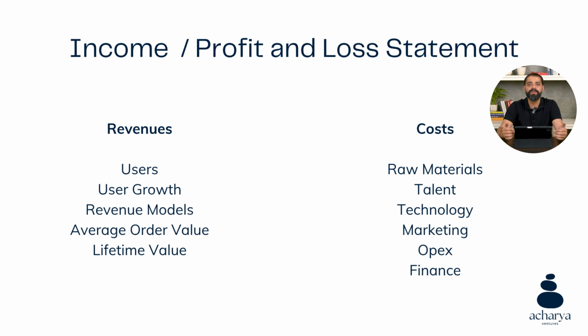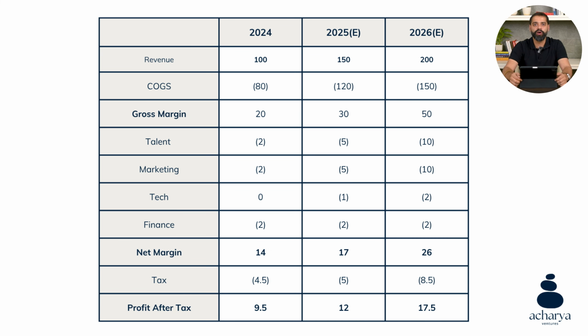To give you a very brief example, this is how an income statement would look. For, let's say, financial year 2024, you've been operating and you have numbers. For financial years 2025 and 26, the E in the bracket shows that you've estimated them. So first you have your revenues minus the cost of goods sold. This is a very basic financial model.